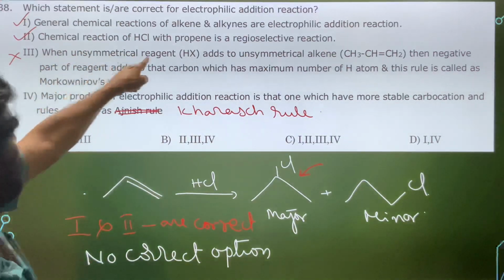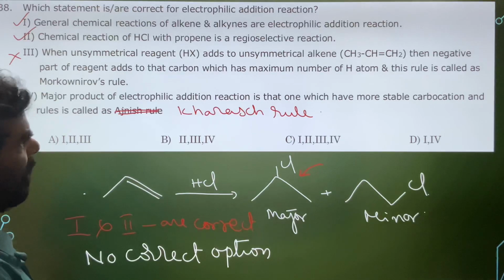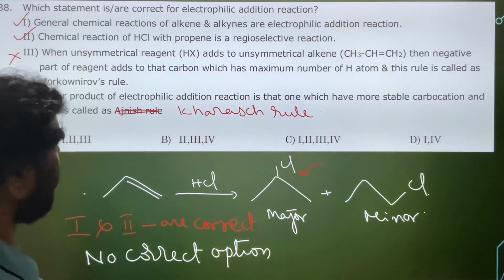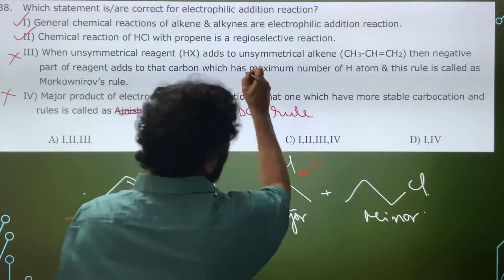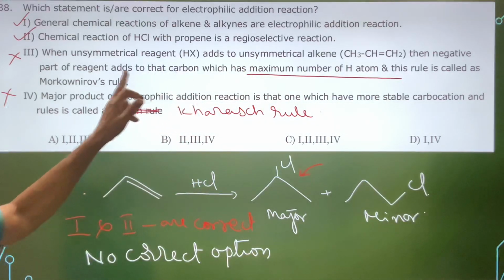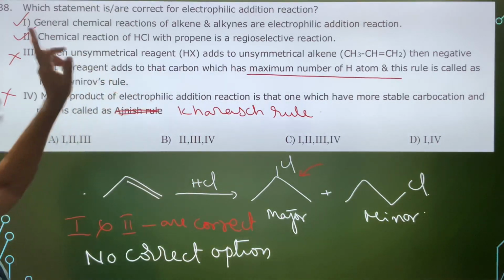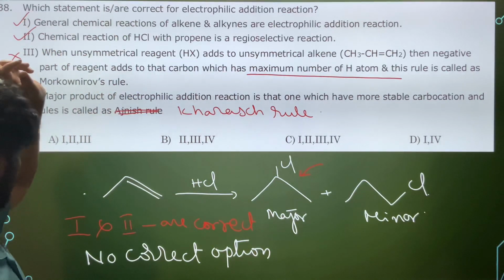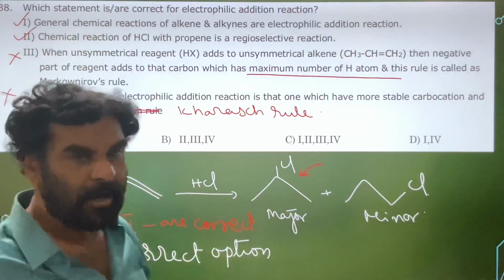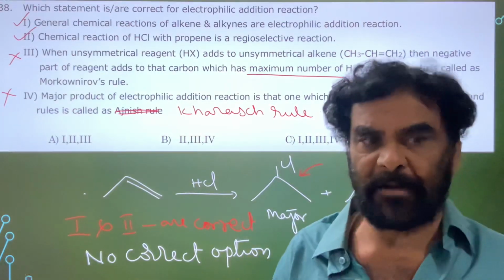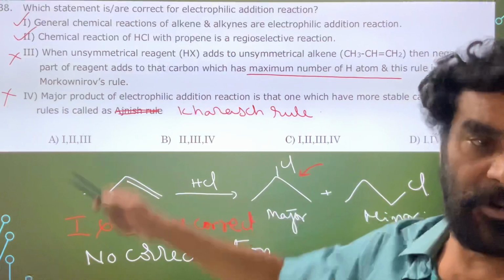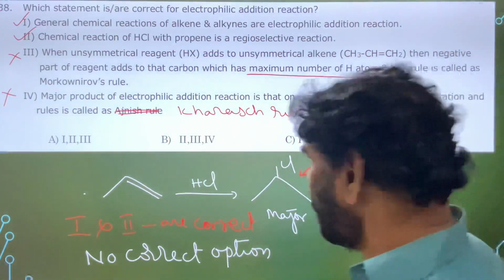When an unsymmetrical reagent HX adds to an unsymmetrical alkene, then the negative part of the reagent adds to the carbon which has the maximum number of hydrogen atoms. This is called Markovnikov's rule. It is not correct. The negative part of the reagent should add to the double bond carbon containing fewer hydrogen atoms. More hydrogen atoms is the Kharasch rule, not the Markovnikov rule.